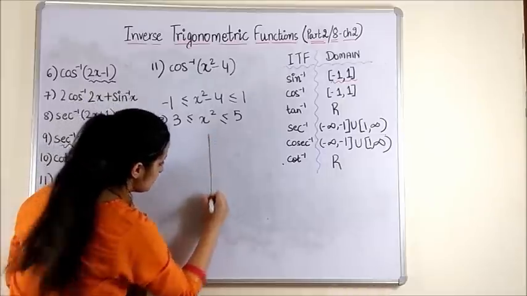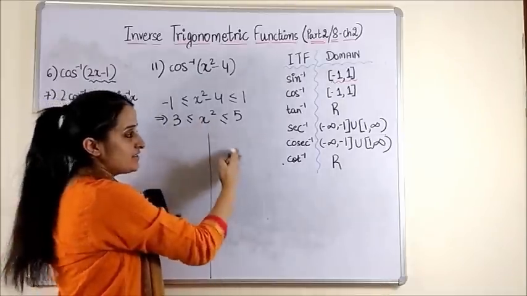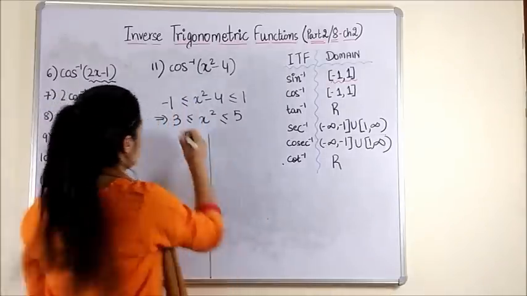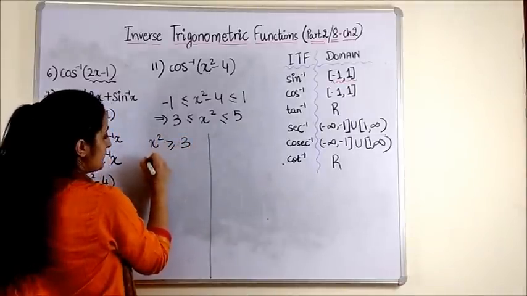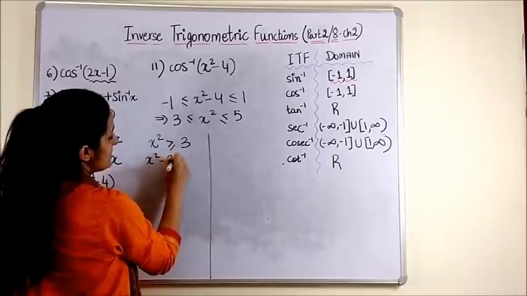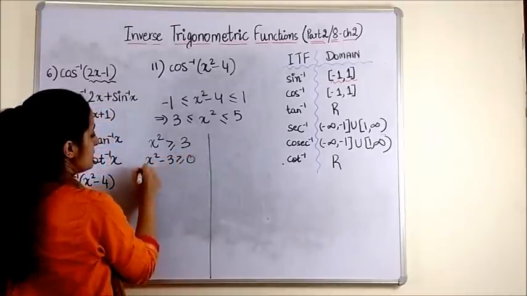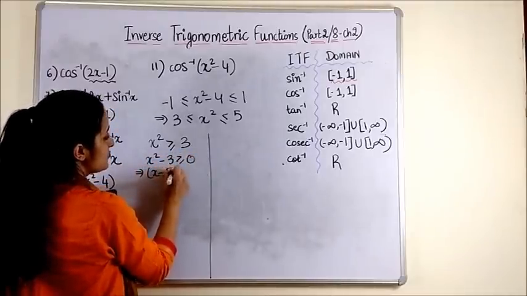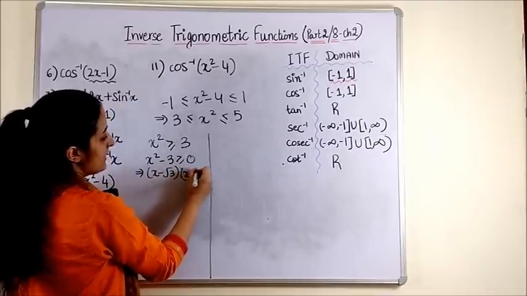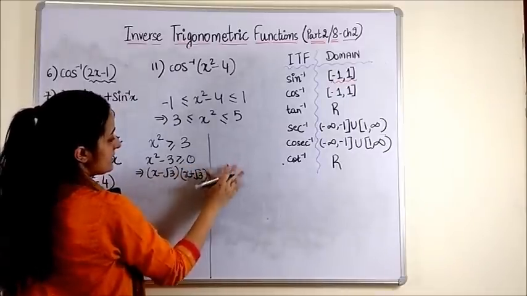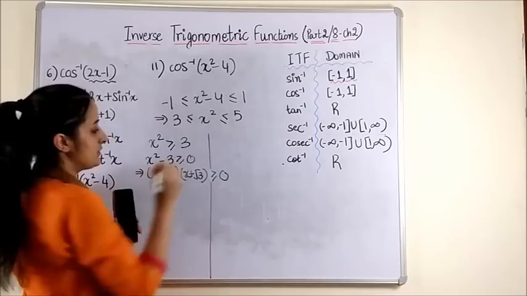For instance, I divide this question into 2 now. So one of them tells us x square is greater than or equal to 3. That means x square minus 3 is greater than or equal to 0, which gives us x minus root 3 into x plus root 3 is greater than or equal to 0.